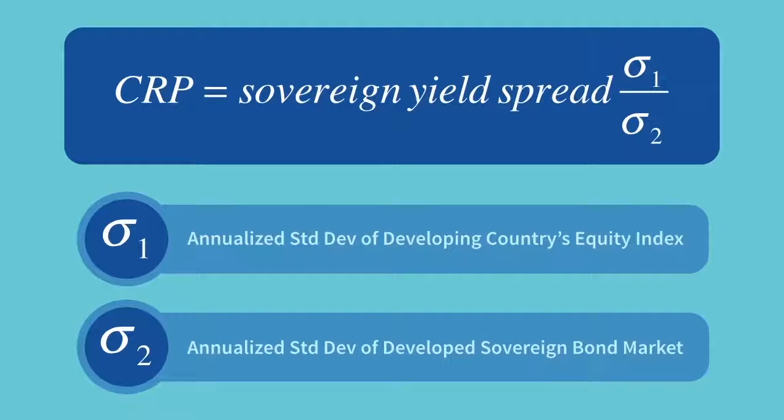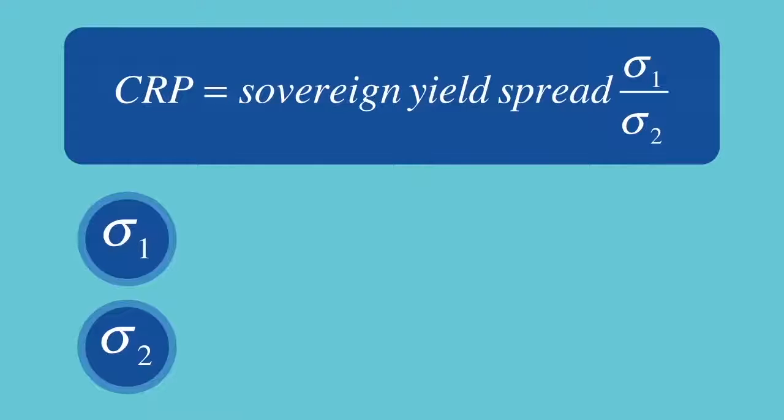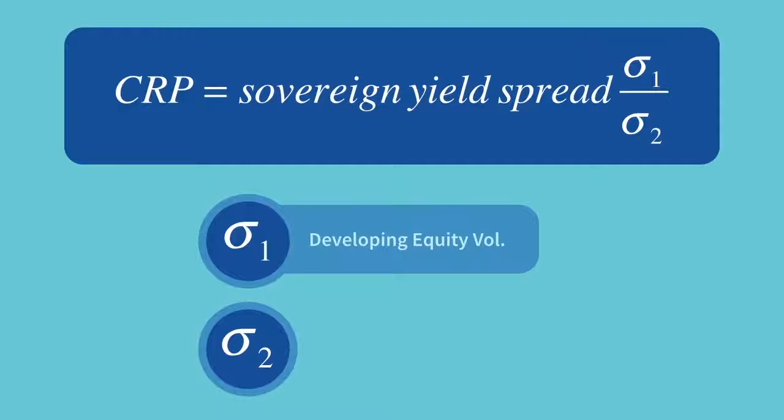Now it's a big ask to memorize the wording of this slide, so for simplicity, at the very least, you need to remember that above the line we have a developing country's equity volatility and below the line we have a developed country's bond volatility. From there, given the right data, it's just a case of plugging in and then applying this country risk premium in the right way to the CAPM.